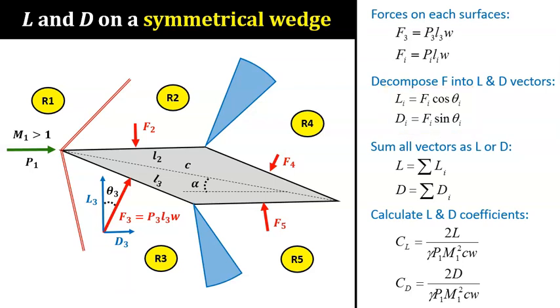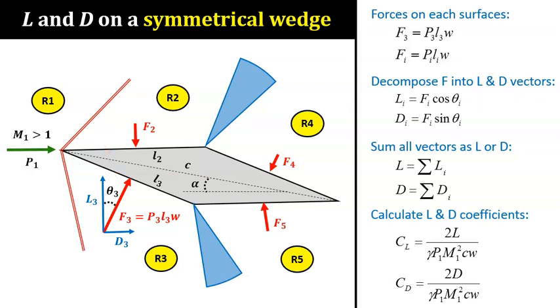But the difference is that for the wedge, we have four different surfaces that are lined up differently relative to the free stream flow. Because of this, each surface i is inclined at a different angle theta i relative to the free stream flow. Now, figuring out this angle theta i for each surface is quite a simple geometrical problem, so we won't go into detail about that here.